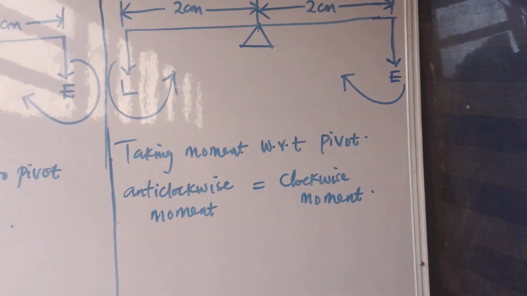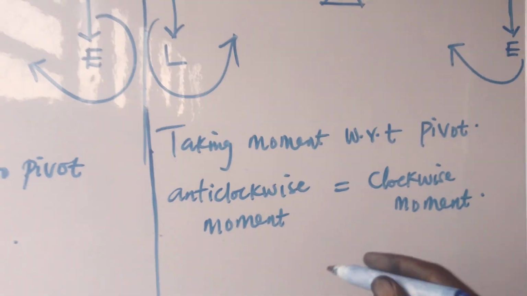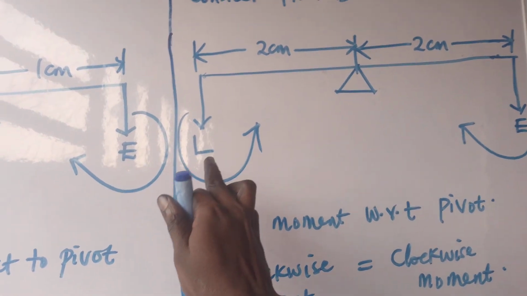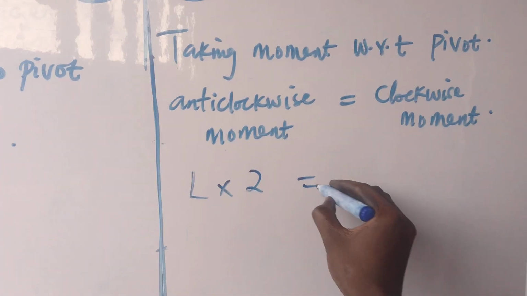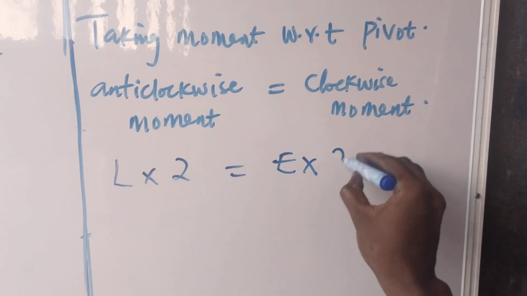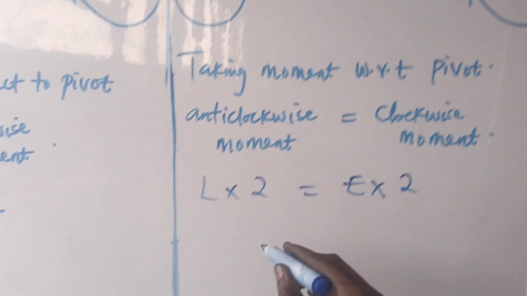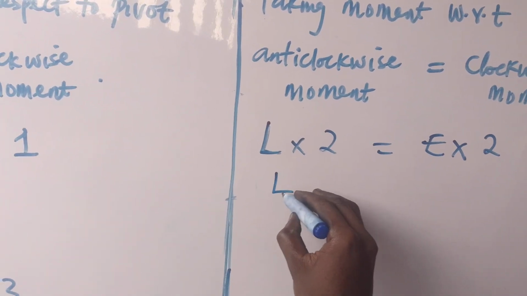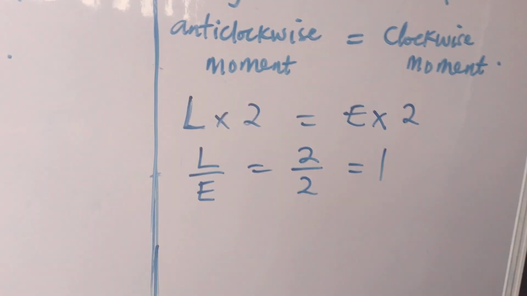The anti-clockwise moment is the load times this distance, that is L times 2, and the clockwise moment is E times 2. So load over effort is equal to 2 over 2, which is 1.